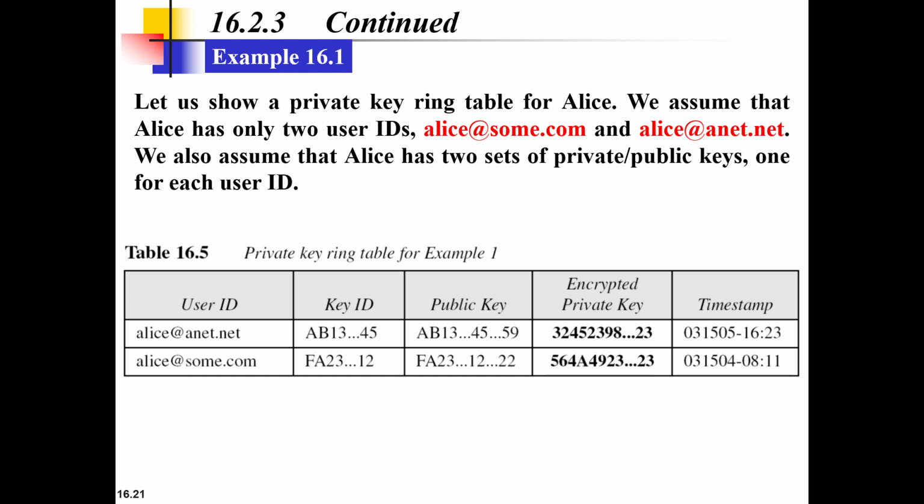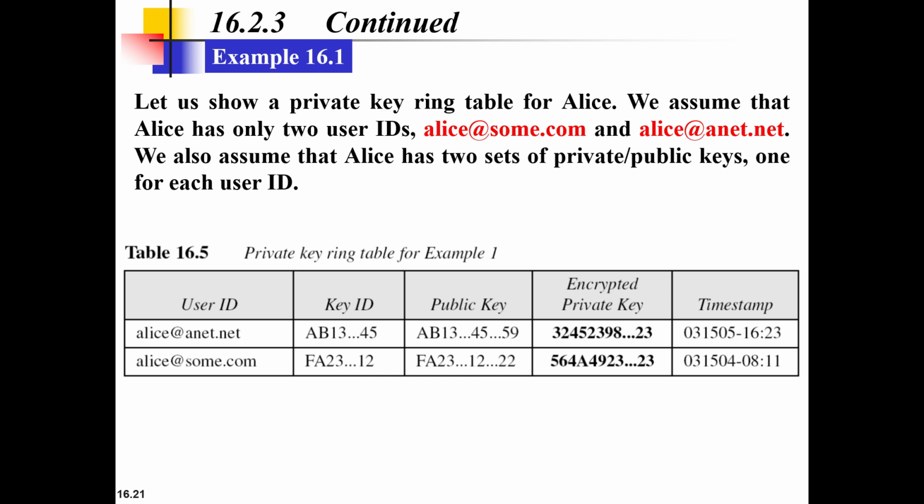Now we will see an example where a private key ring table for Alice is given. We assume that Alice has only two user IDs, like alice@sum.com and alice@anet.net. We also assume that Alice has two sets of private/public keys, one for each user ID. Table 16.5 shows the private key ring table for Alice.